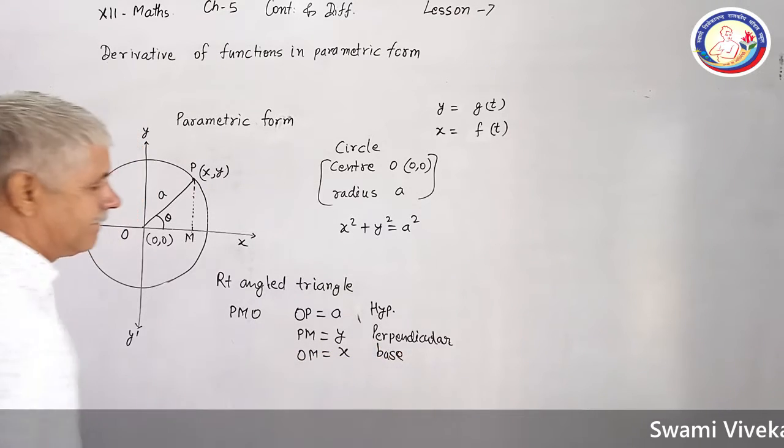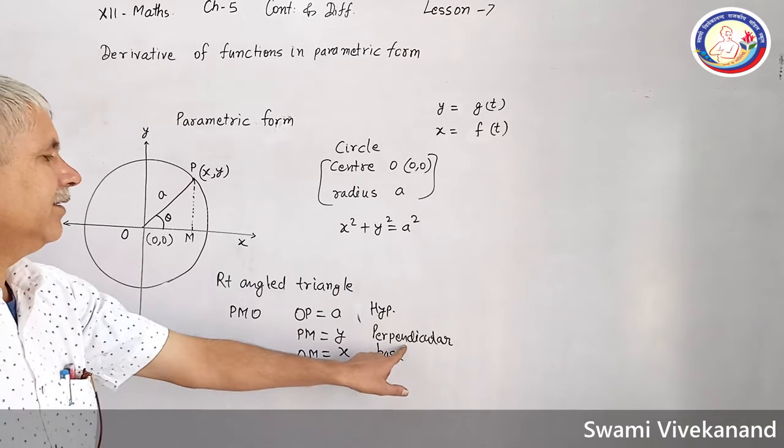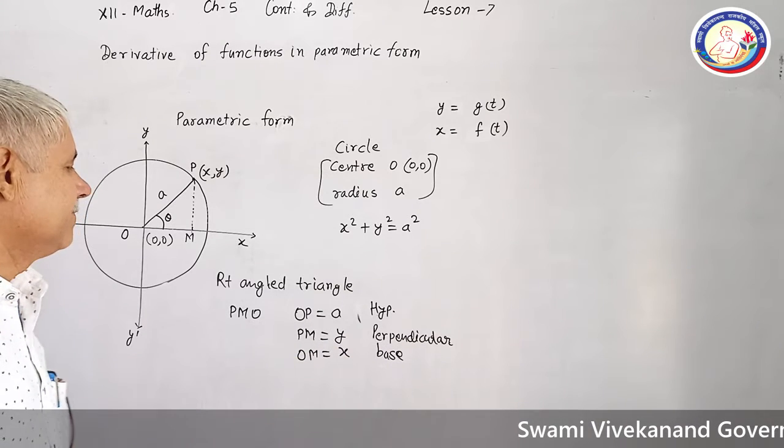We can write the base as the adjacent side and the perpendicular as the opposite side.